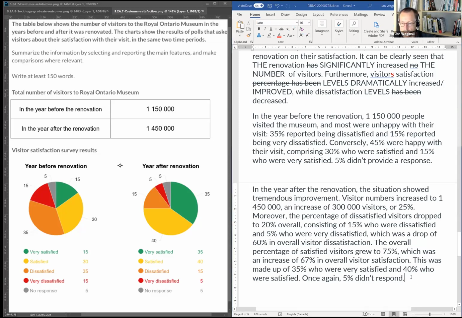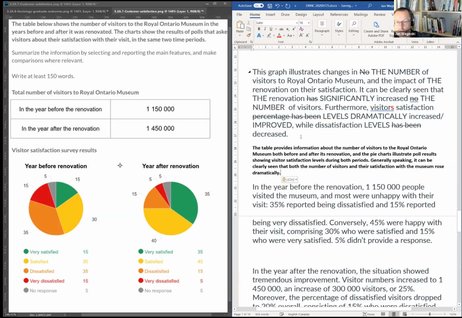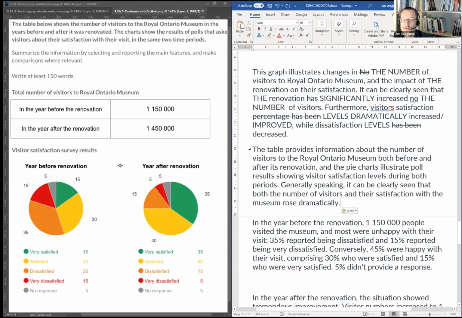Okay, and while you were working on a general overview, I wrote one too. This is what I came up with. The table provides information about the number of visitors to the Royal Ontario Museum, both before and after its renovation, and the pie charts illustrate poll results showing visitor satisfaction levels during both periods.